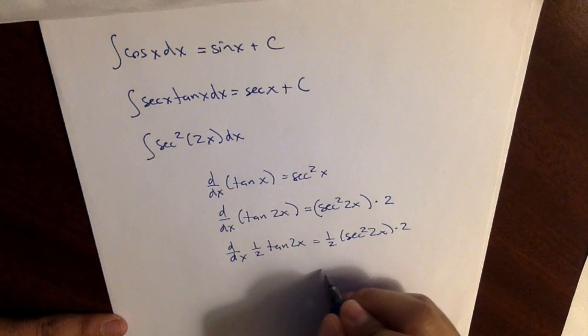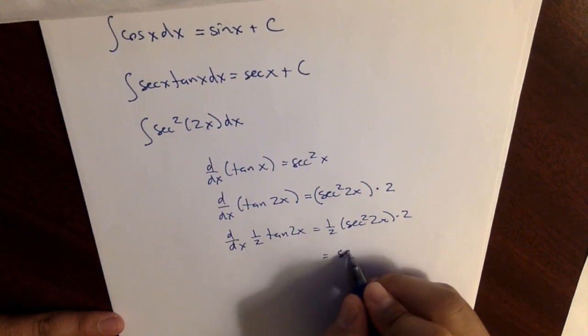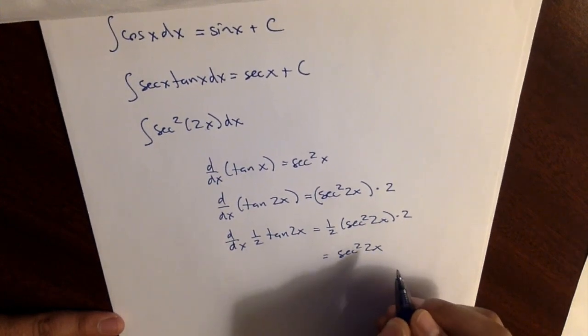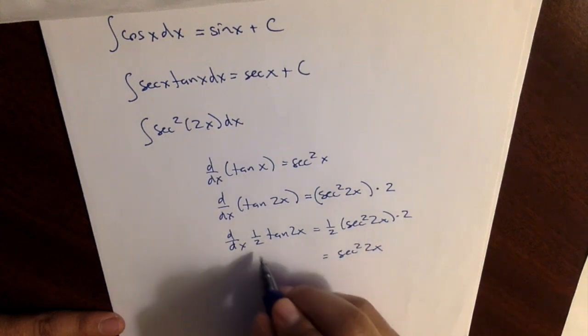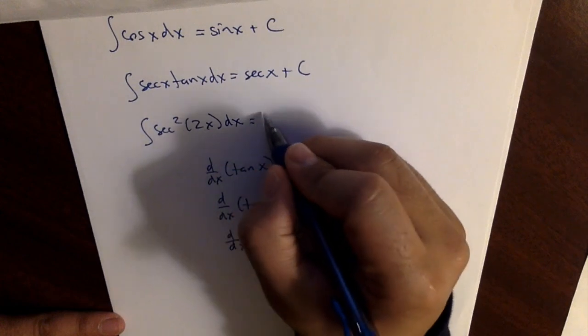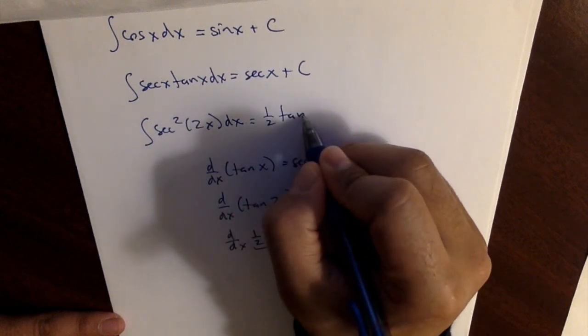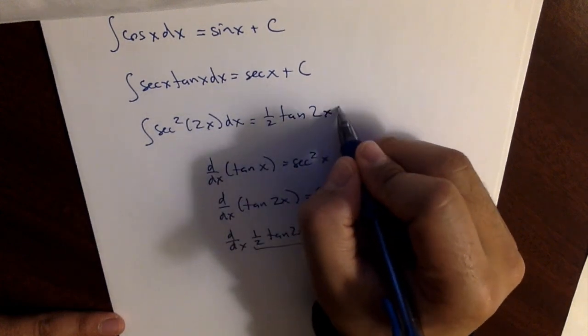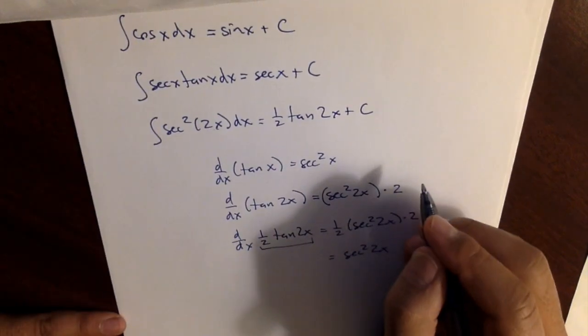And this 1/2 and the 2 cancel, and lo and behold, we have our secant squared of 2x. And so what did we just find out? That this function right here, 1/2 the tangent of 2x, is a function whose derivative is the secant squared of 2x. And so we have done that antiderivative.